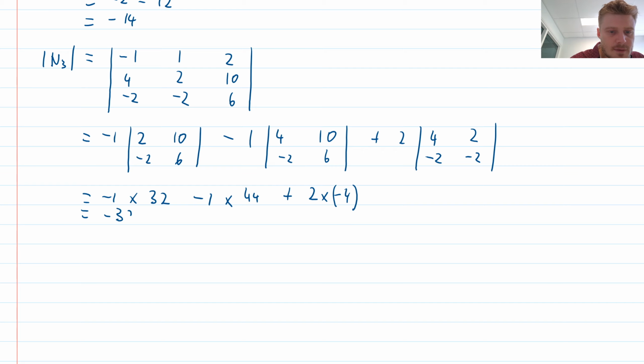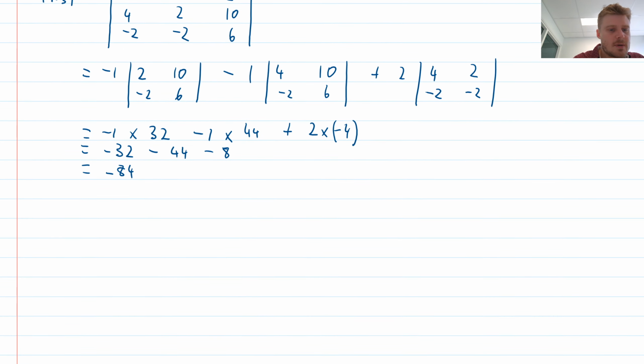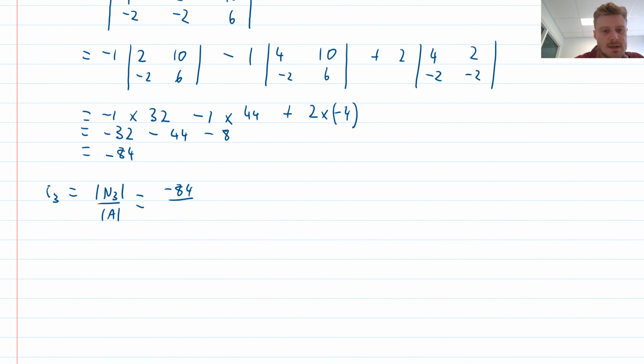So I have negative 32, negative 44, and minus 8, which is negative 32 minus 44 minus 8, negative 84. Therefore, my third variable, which was I3, is determinant N3 divided by determinant of A, so that's minus 84 divided by minus 14.